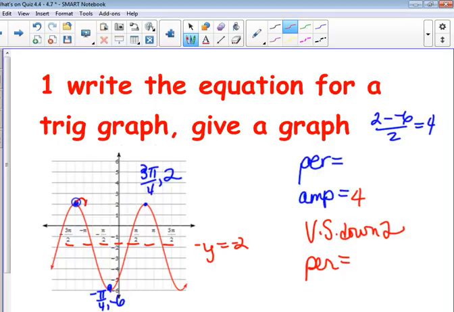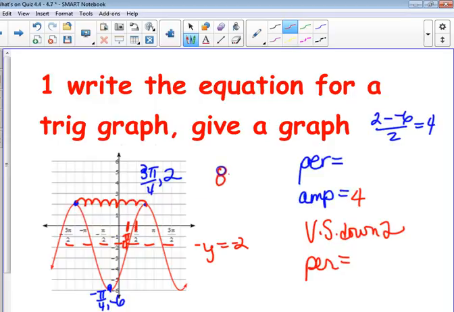Okay. 1, 2, 3, 4, 5, 6, 7, 8. Not going by halves. This is half, but you counted this, right? So what is half of half? So it's pi over 4 that it's counting by.